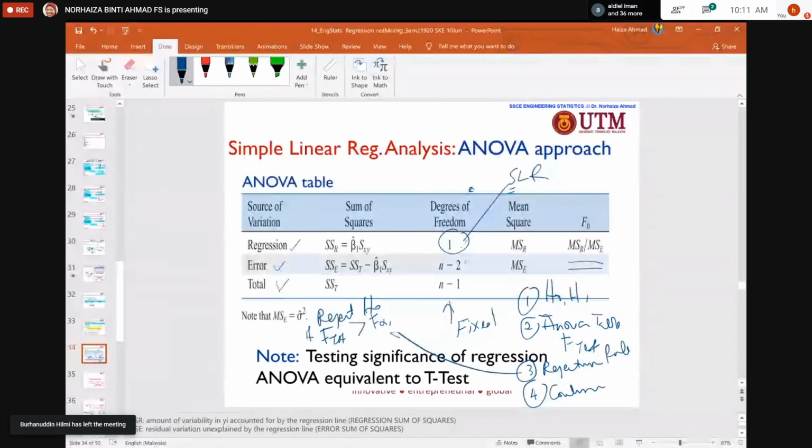I'll check again later. So you reject if the F test is greater than this critical value, and then the conclusion.